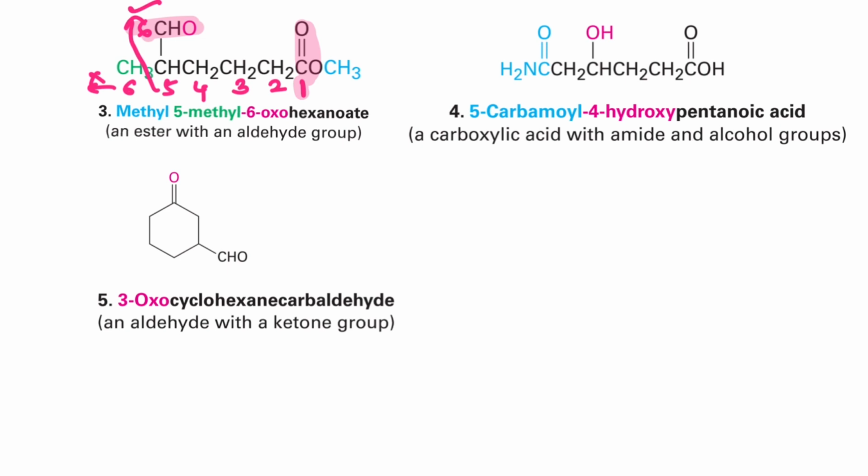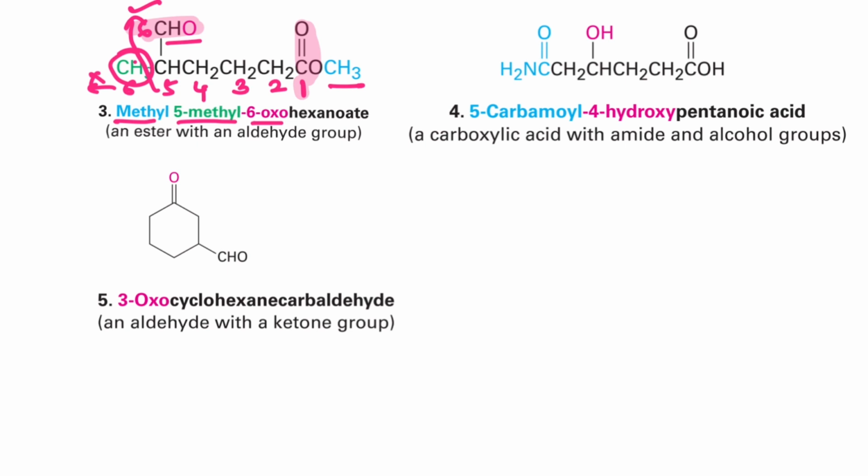Now, this is a methyl first, therefore methyl. Which position is it? Fifth position, and this green one is also a substituent, so 5-methyl. Sixth position oxo. I already told you that when the aldehyde functional group is in the principal carbon chain and counted, we use the suffix, otherwise, if not counted, we have to use formyl or oxo.